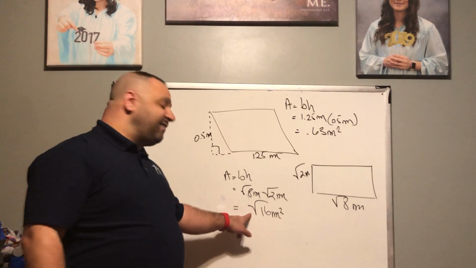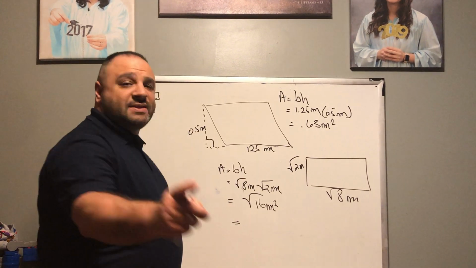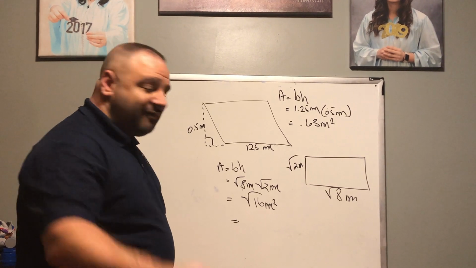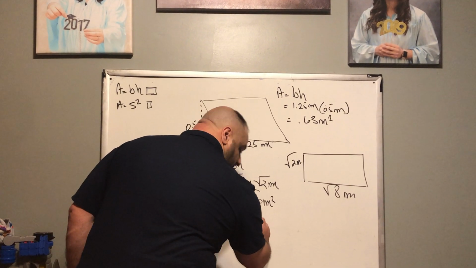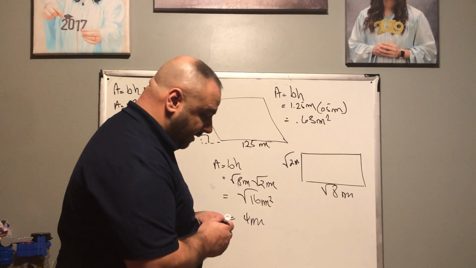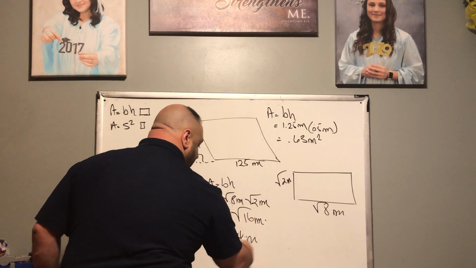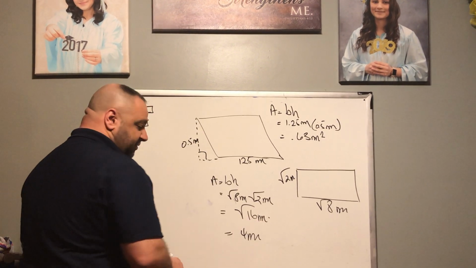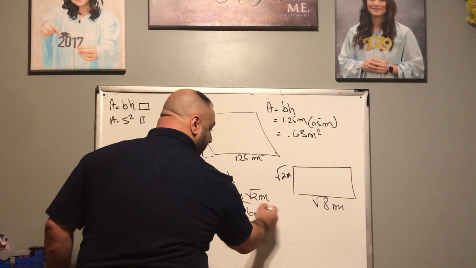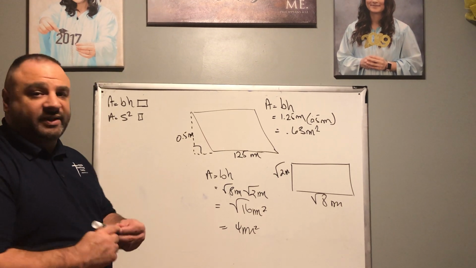And then just simply find the square root of 16 meters squared. The square root of 16 is what? Joe, how about we follow up with Hemi? Very good. 4 meters. And that would be the correct answer. Sorry, this would not be meters squared. I'm sorry. This would be 16 meters squared, and then 4 meters squared there. That would be the correct answer.